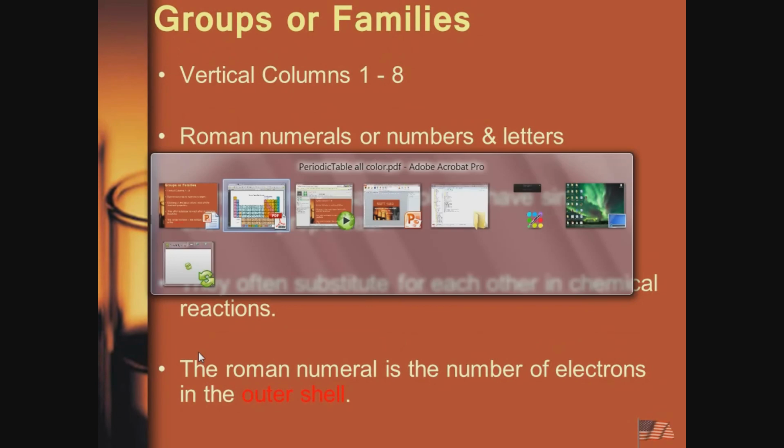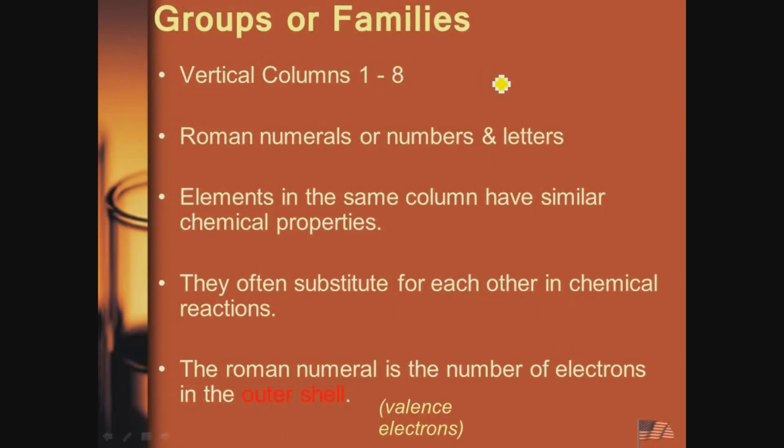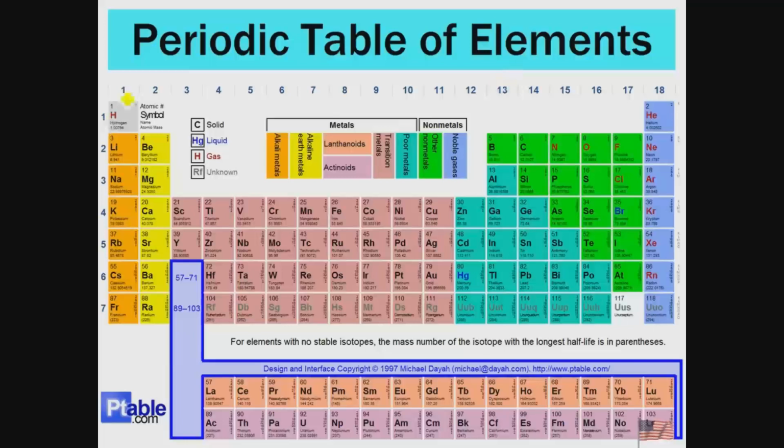Now here's what I want you to do if you have yours: we're going to skip the transition elements. So if I change the color, 1, 2, 3, 4, 5, 6, 7, 8.